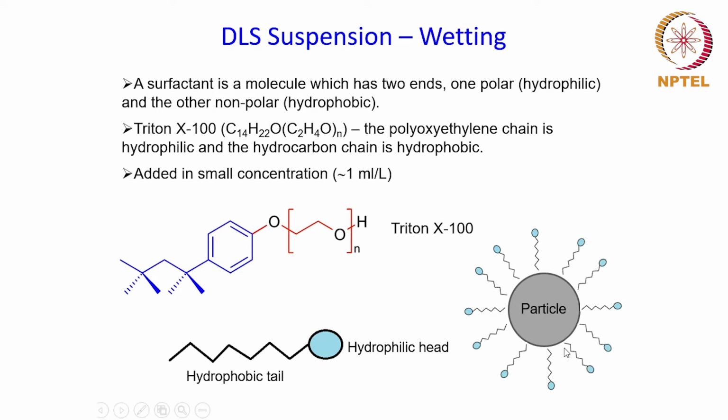And now that this surfactant is present over the surface of the particles, the water can easily get attached to the particle surface with the help of these hydrophilic heads which are extended towards the water, right? So this is how the surfactant will help in wetting the particles with the liquid in which they are added.